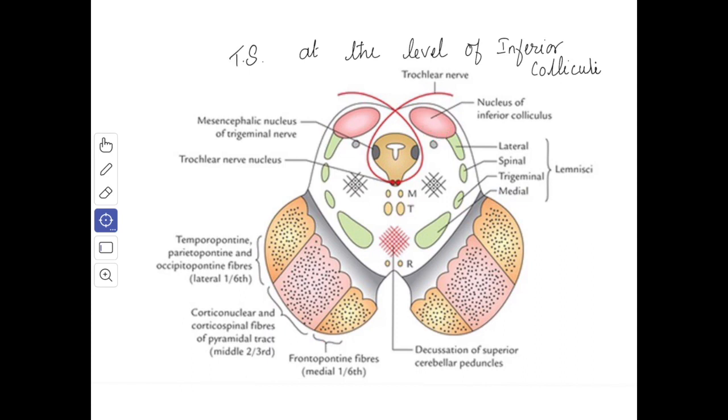Then you have the medial longitudinal fasciculus, or medial longitudinal bundle, which lies on each side of the median plane ventral to the trochlear nerve nucleus. The tectospinal tract lies ventral to the medial longitudinal fasciculi. The rubrospinal tract lies ventral to the decussation of the superior cerebellar peduncle.